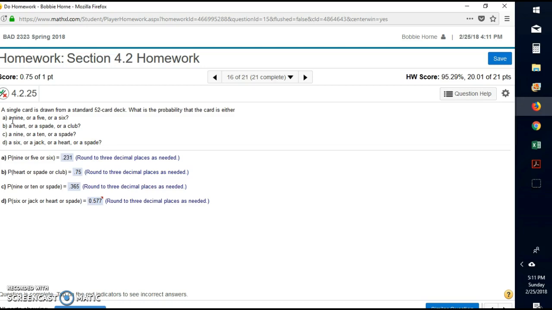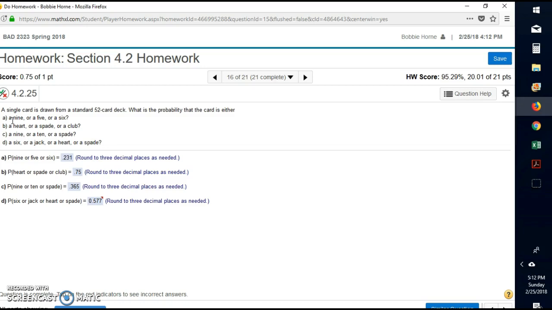You know that there are 4 9s, 4 5s, and 4 6s in a deck of cards. So you would just do 4 out of 52, which is 1 out of 13, plus 1 out of 13, plus 1 out of 13, and you would get 0.231.